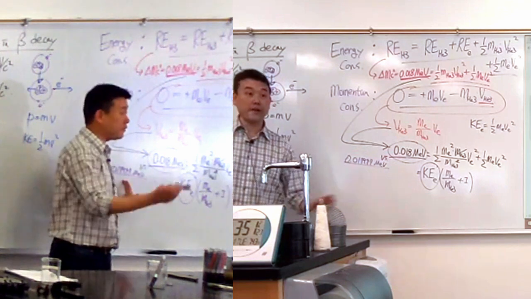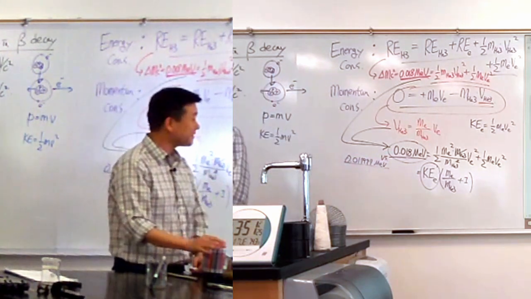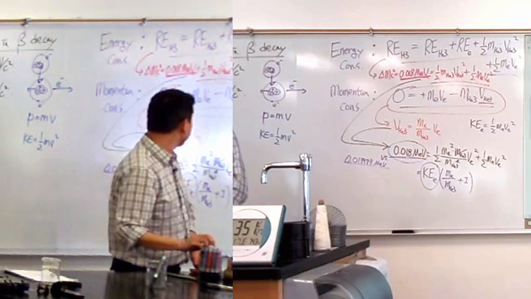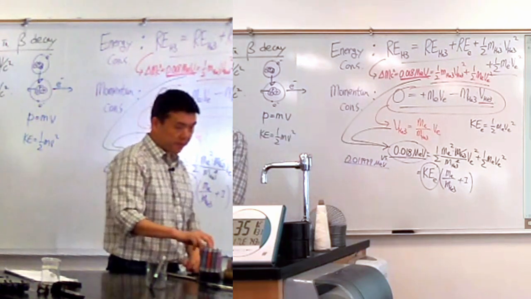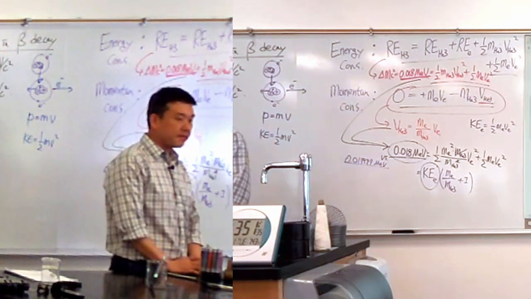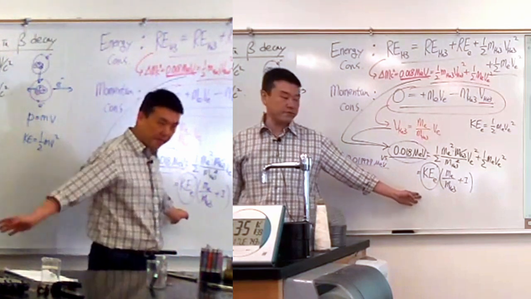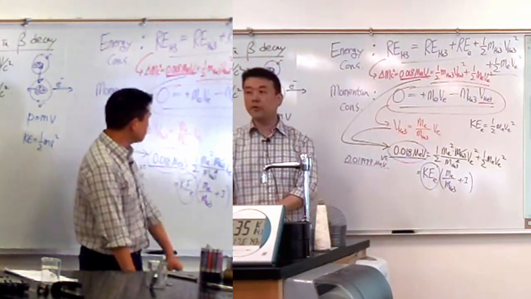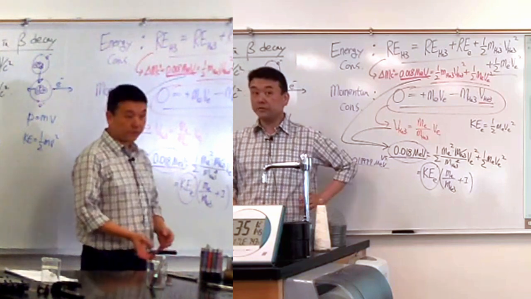Accounting for the recoil energy of the resulting helium-3 actually matters. So this is the calculation we have, and from it you would be led to believe that the energy of the electron coming out of this beta decay of tritium should be 0.018 MeV, or 18 kilo electron volts.